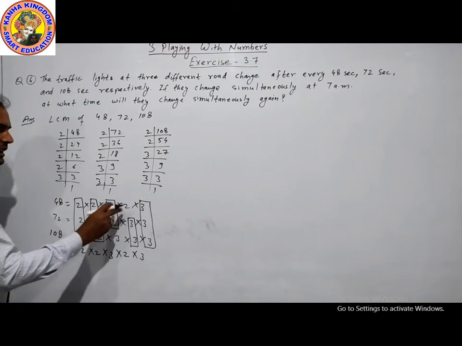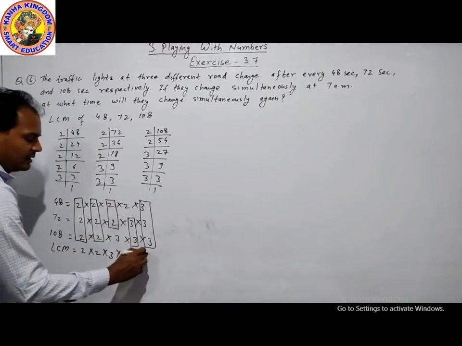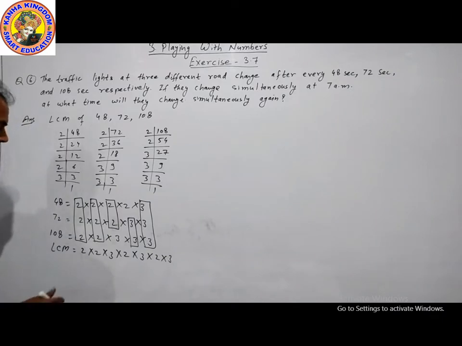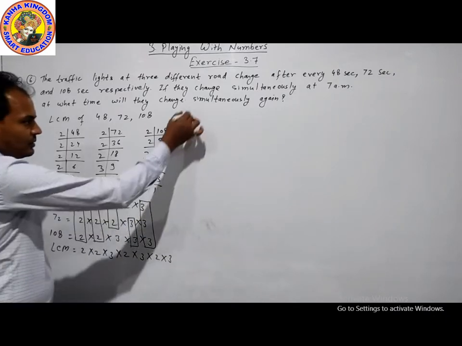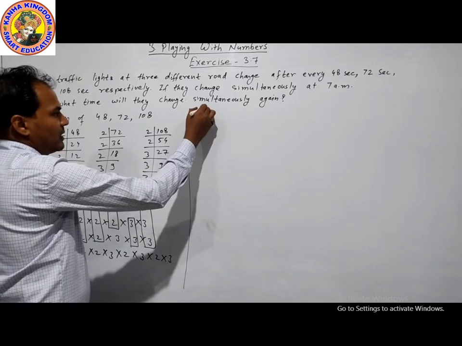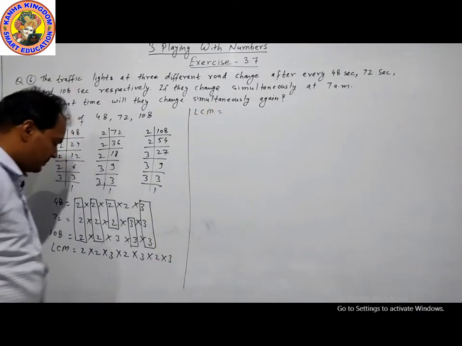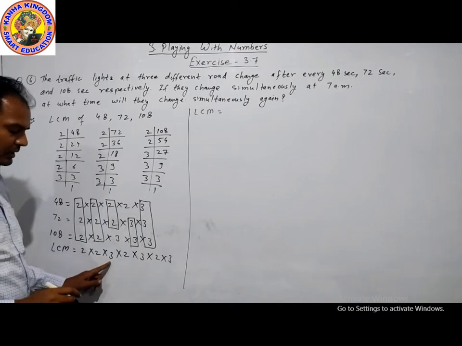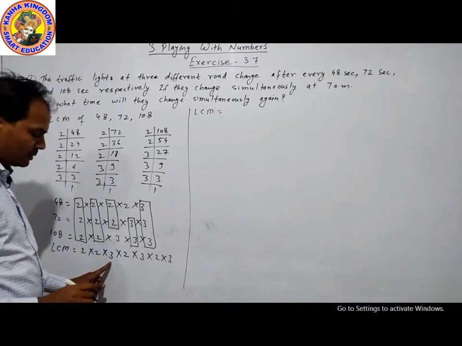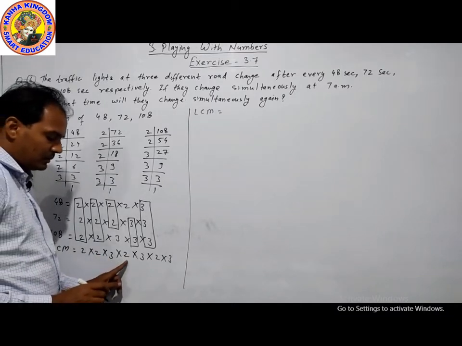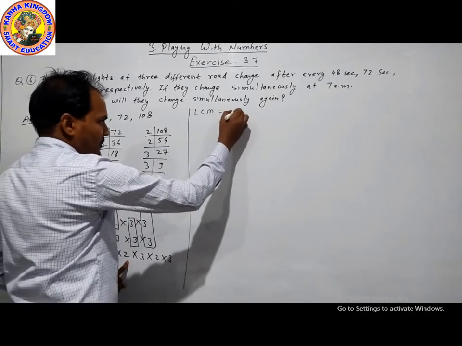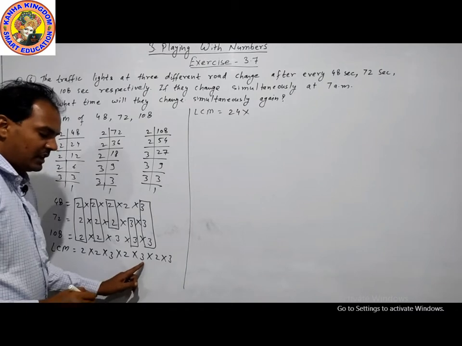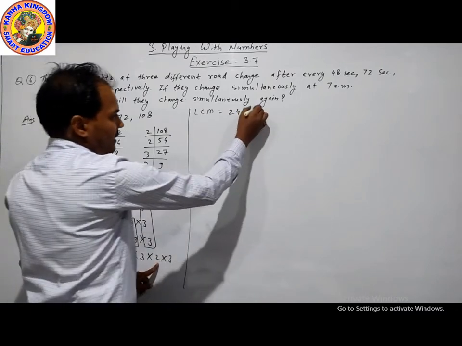Now taking the single ones, 2 and 3. So our LCM is 2 into 2, 4, 4 into 3, 12, 12 into 2, 24, 24 into 3 into 3, 9, 9 into 2, 18.